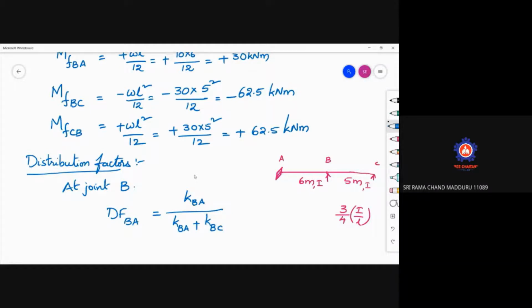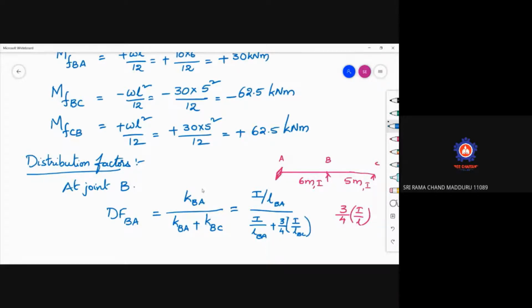The far end of span BA is A, which is fixed, so this will be I by LBA, plus KBC: for span BC, the support C is hinged, either hinged or roller, so it will be reduced to 3/4 of I by L. Just remember this is important.